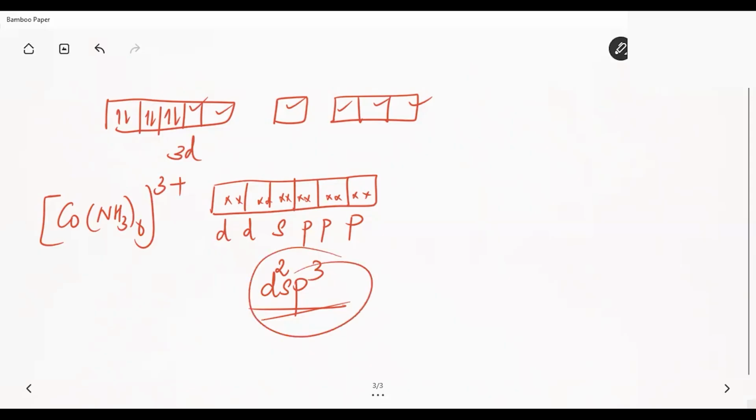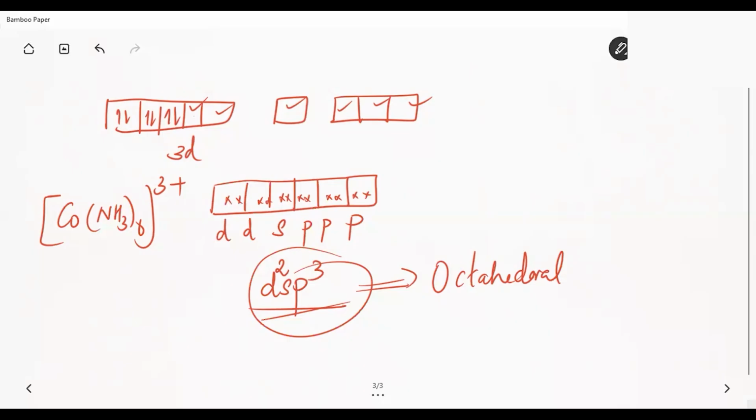Now that we have the hybridization, what is the geometry? There are 6, so this is octahedral geometry. Are there any unpaired electrons? Can you see any unpaired electrons here?